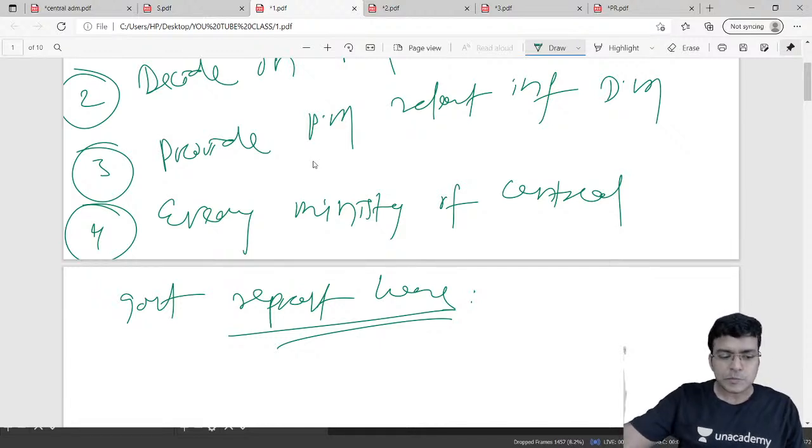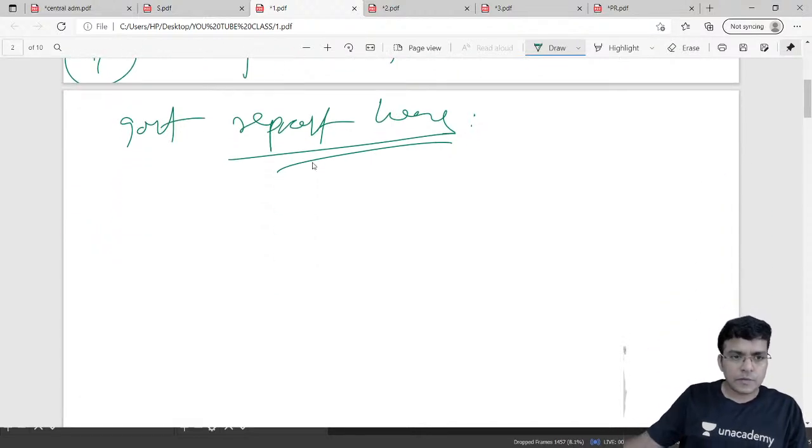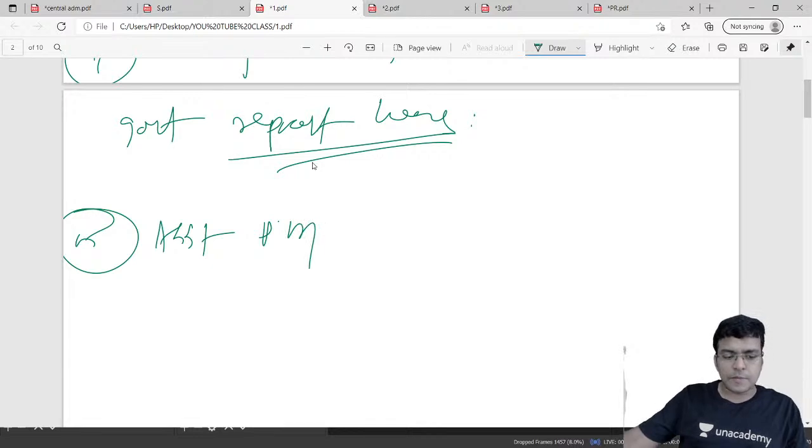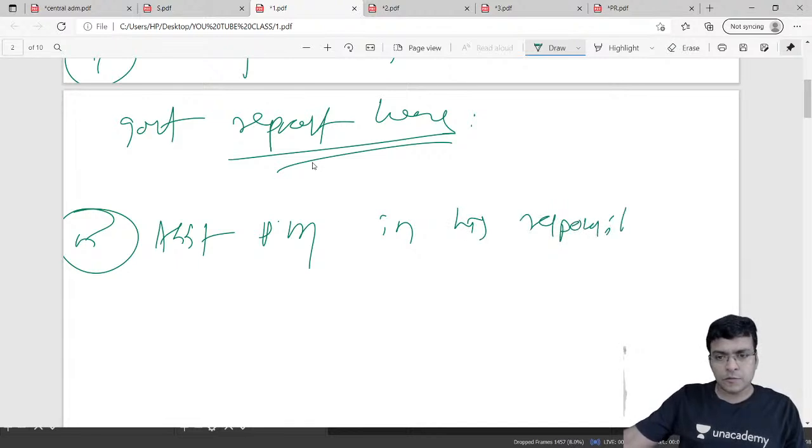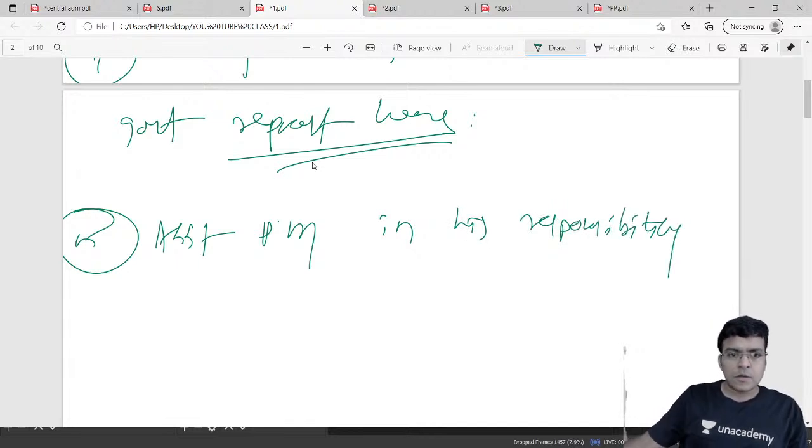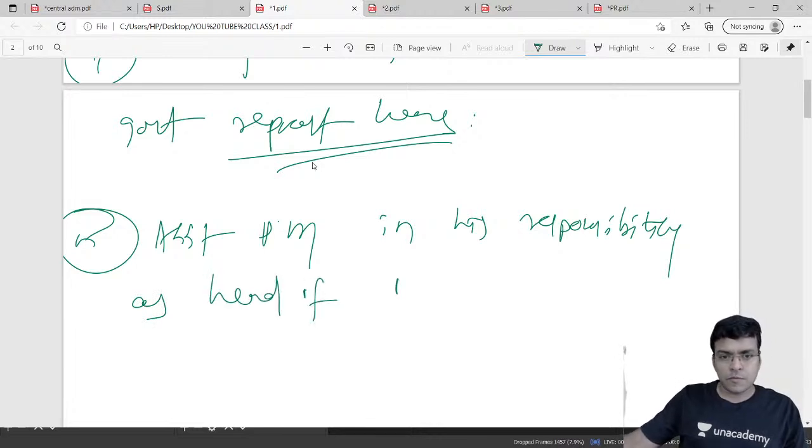Next, assist PM in his responsibility as head of NDC, head of Niti Aayog.